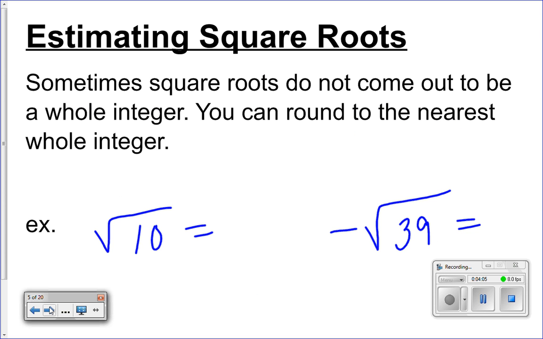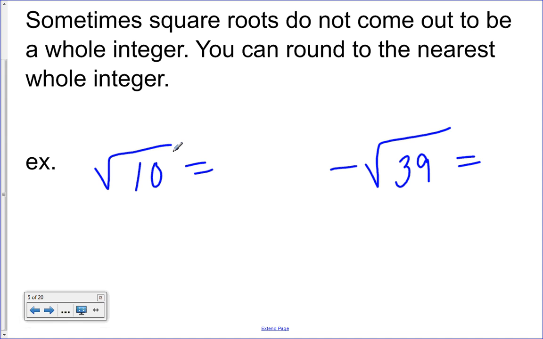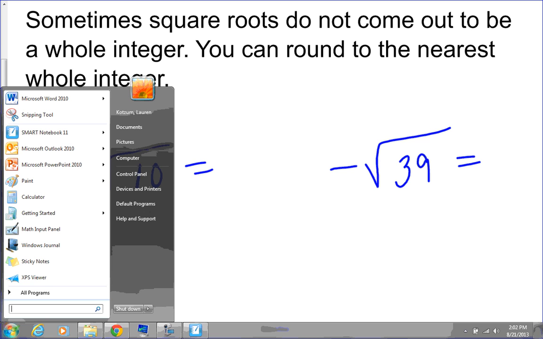So when we're estimating square roots, sometimes it doesn't come out to be a whole integer, so we can round to the nearest whole integer. So let's first ask ourselves, the square root of 10, we know that's not a perfect square. So what is a perfect square that we know it'll be around? Well, first let's figure out what is the square root of 10. So type it into your calculator and see what you get.